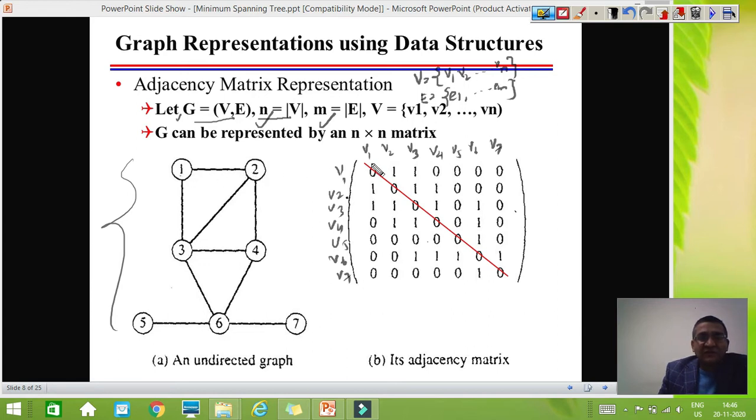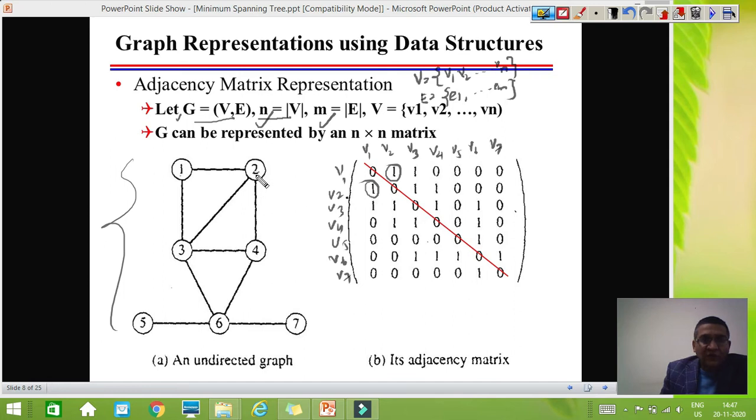So for V1 to V2 we will write 1 here. Now keep in mind that V1 to V2 we have a path. Similarly, V2 to V1 we also have a path, because this is not a directed graph. So again we have an entry, V2 to V1 we have the entry 1 here. So you can just look at all the edges and then write the values here. So we'll take one more value.